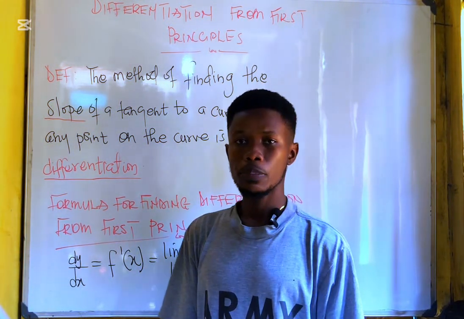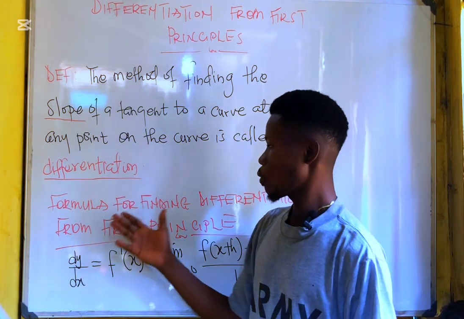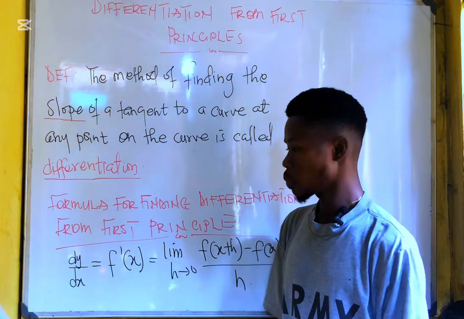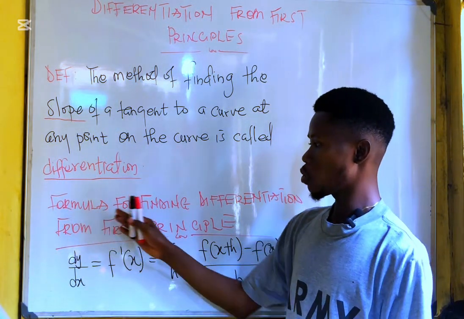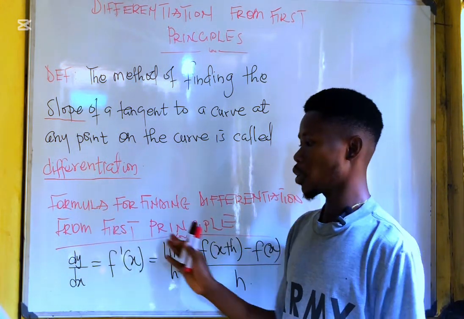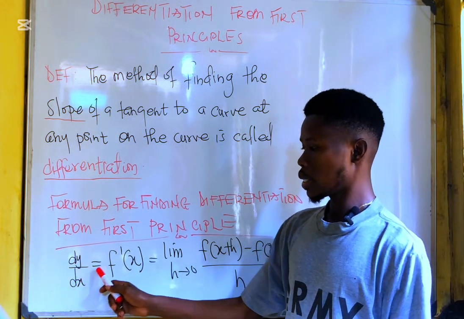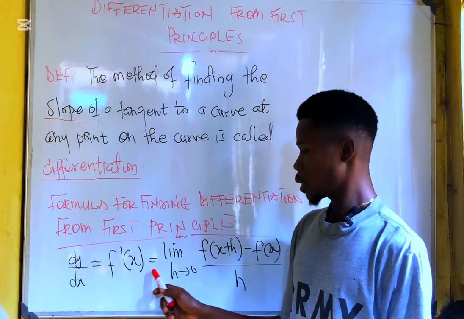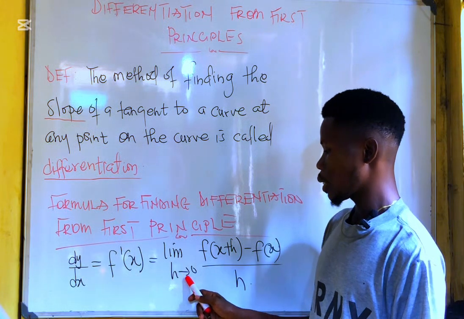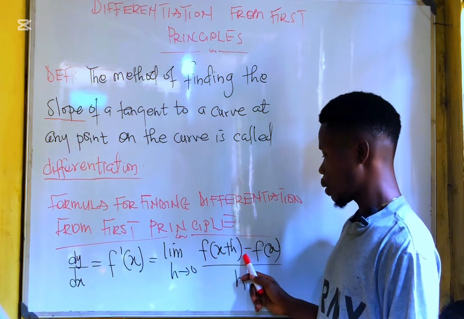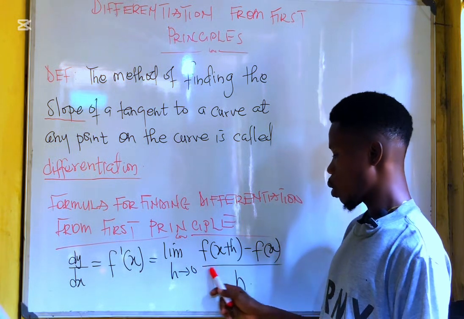Now let's look at the formula for finding the differentiation from the first principle. So this is the formula. dy/dx equals f prime of x equals the limit as h approaches 0 of f(x plus h) minus f(x) all over h.